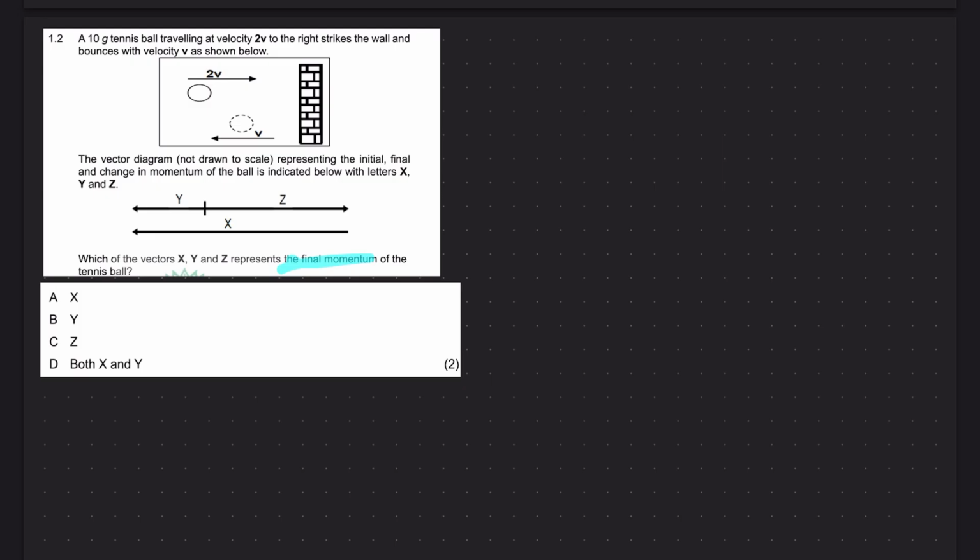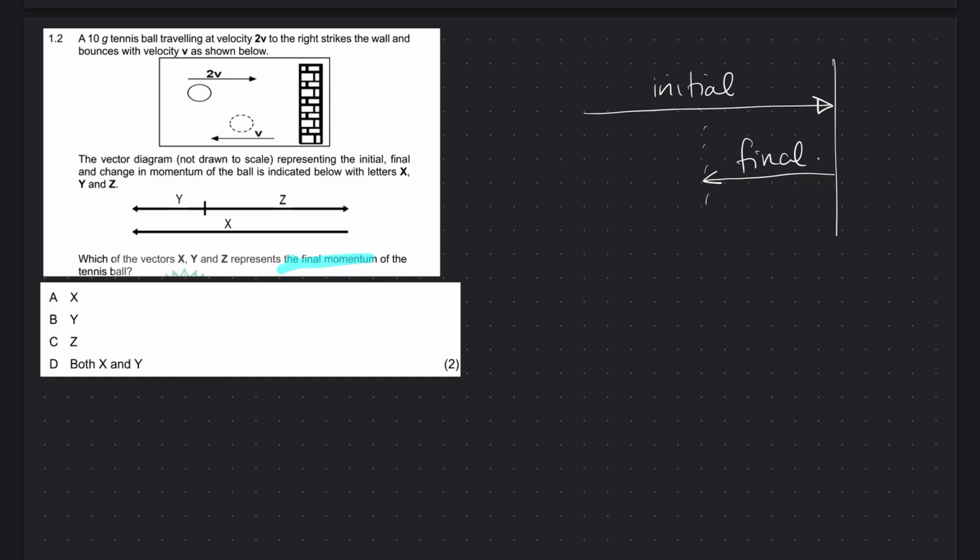Okay? Now, all we need to do is consider the motion of this ball. So the ball goes here to the right, it hits the wall. So that can be regarded as the initial. And then it returns, but with half the velocity. So the arrow should be half in length. So that's going to be final.